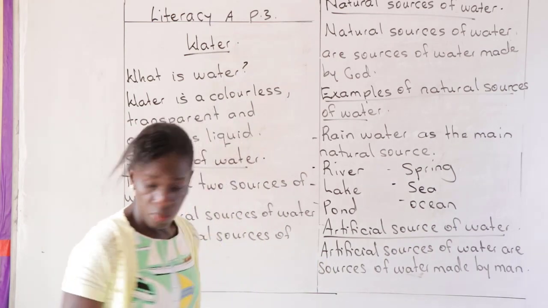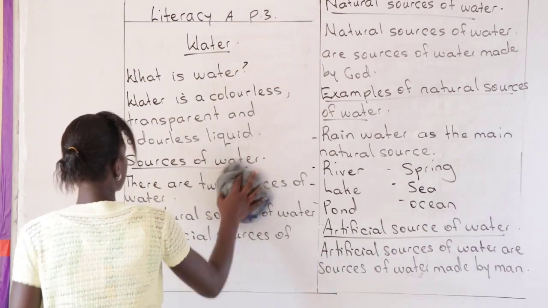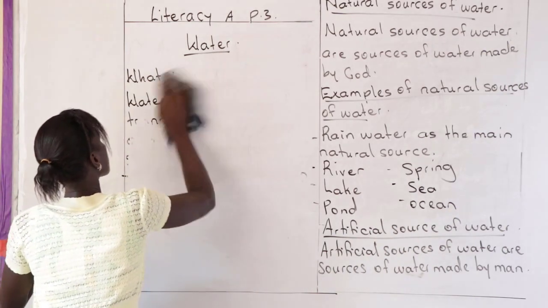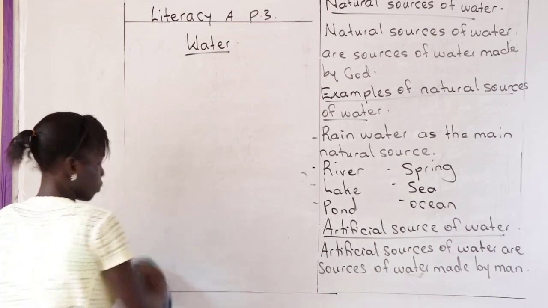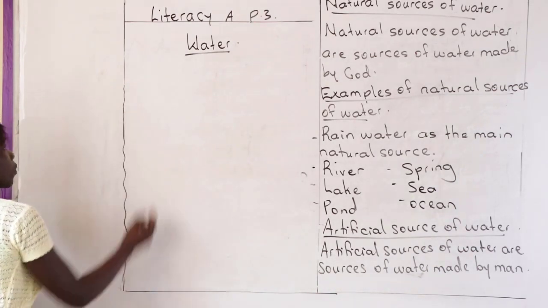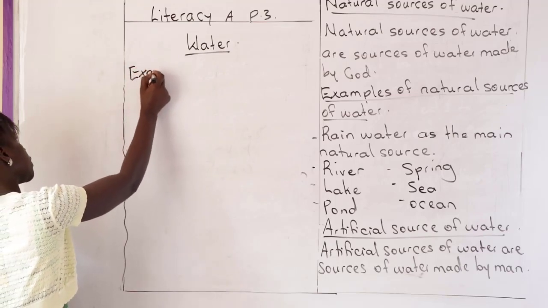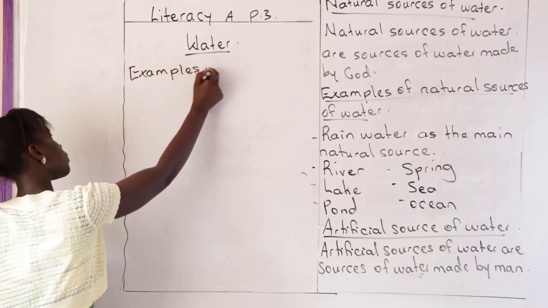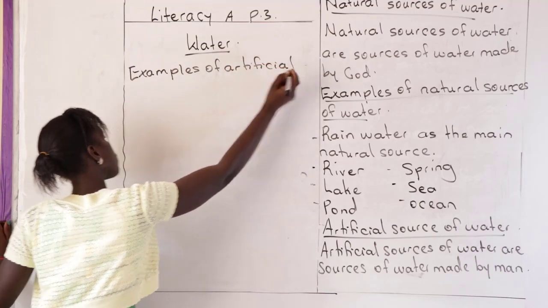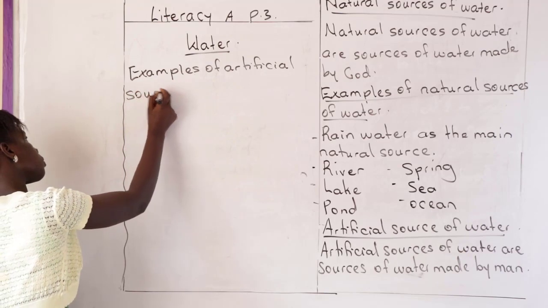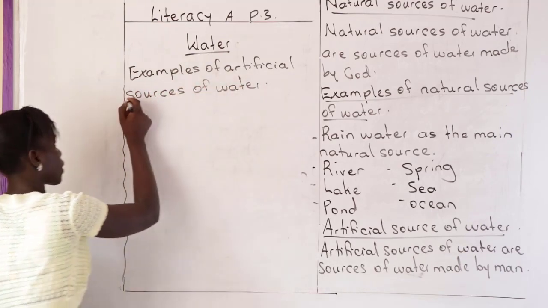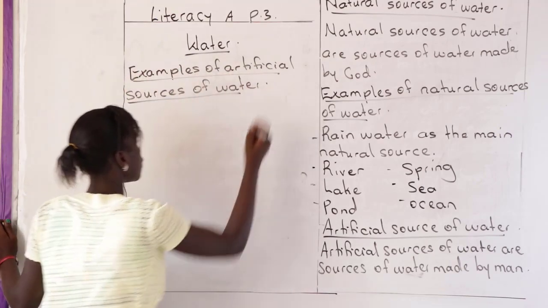So, what are these artificial sources of water? Examples of artificial sources of water.